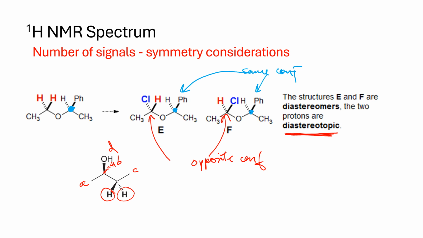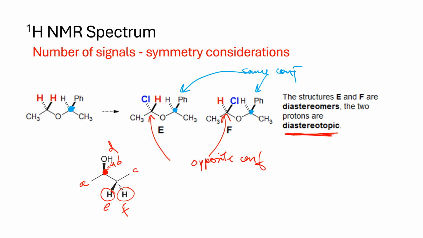Again, because the configuration of this center is staying the same, just as the example above. But this is changing, so you're creating diastereomers. So total number of signals, so B, C, D, E, F.